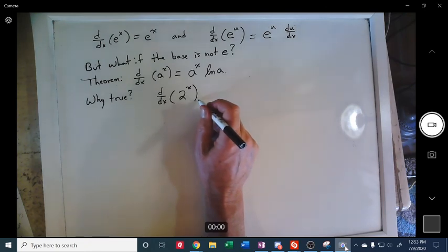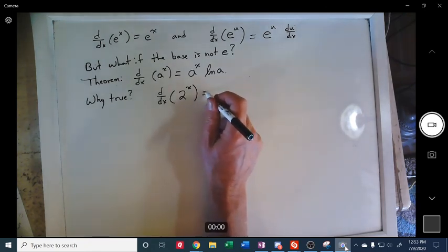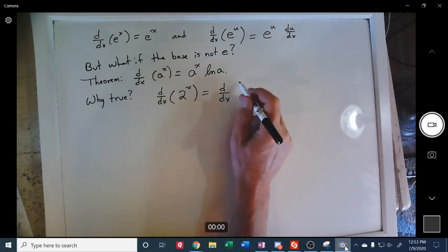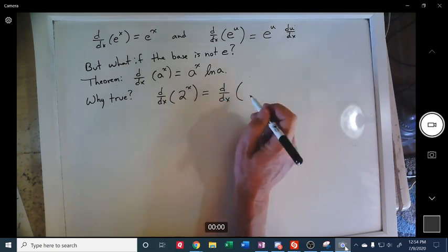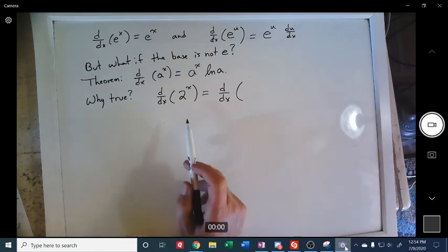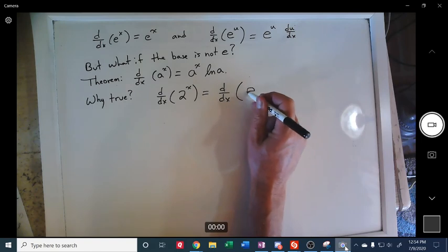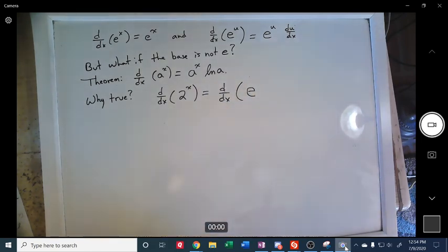All right. Now, we're going to say that that's the same as the derivative of, and I'm going to rewrite 2 to the x as e to some power. Now, remember this was in the practice quiz yesterday when I said rewrite something with a different base.